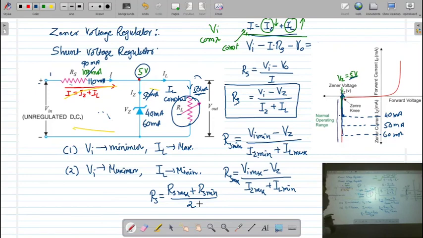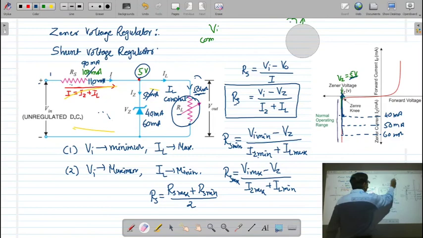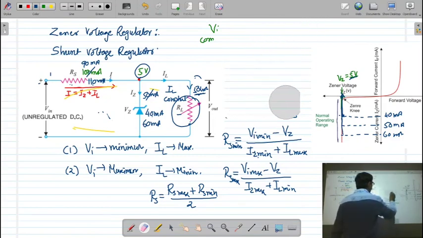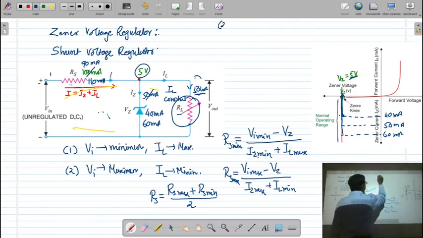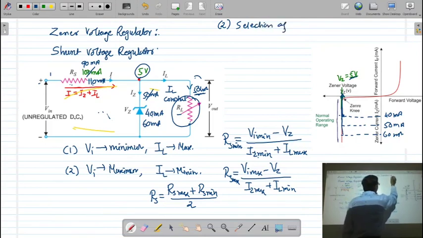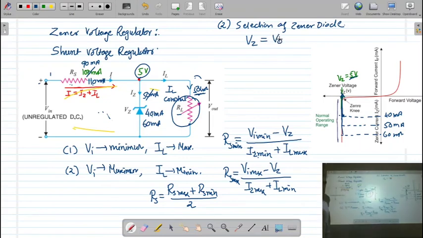Now, when you are selecting the Zener diode, remember, the breakdown voltage of the Zener diode must be equal to your required output voltage.